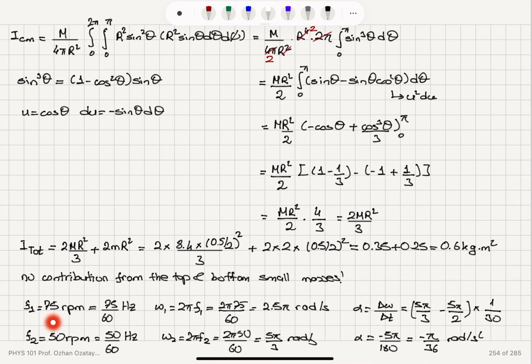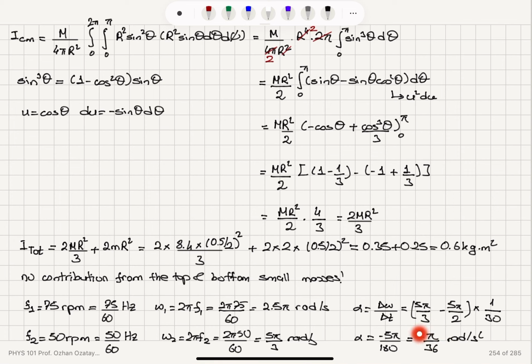Now, initial frequency 75 rpm corresponds to 2 pi f1, 2.5 pi radians per second. The frequency we want to reach, 50 rpm, corresponds to 5 pi over 3 radians per second. The angular acceleration that is needed is delta omega over delta t, which is minus pi over 36 radians per second square.